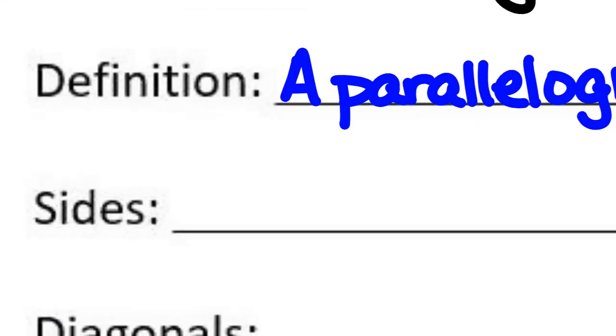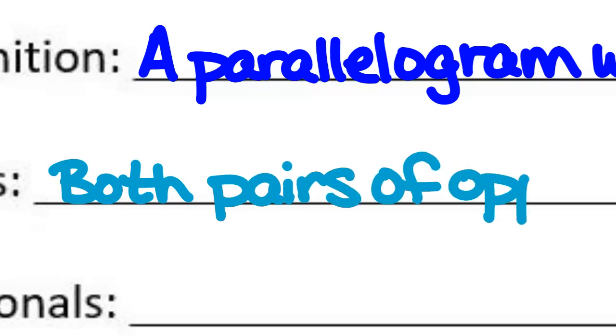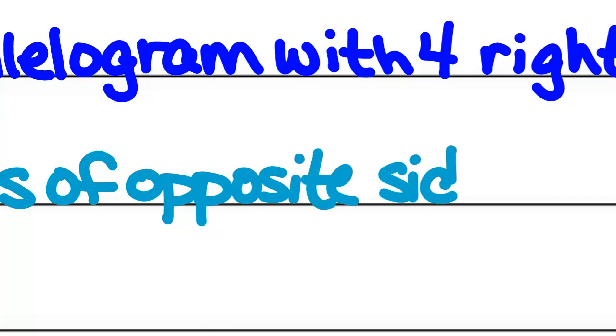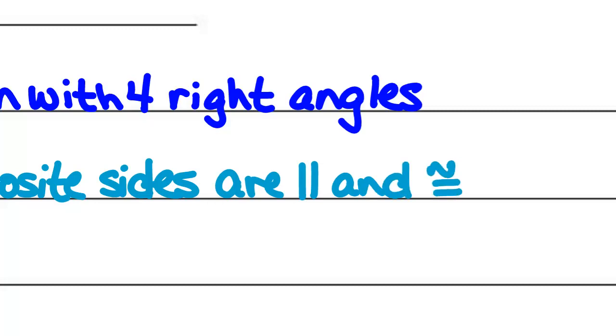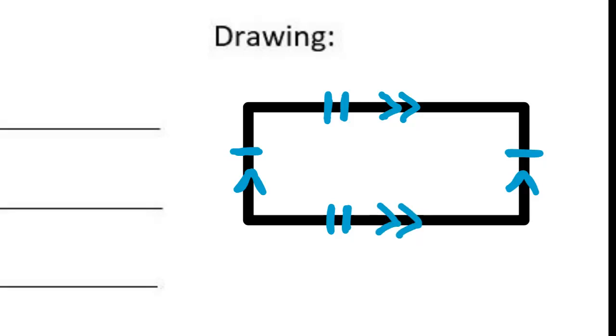Both pairs of opposite sides are parallel and congruent, just like a parallelogram. So I'm going to mark my opposite sides just like I marked them with a parallelogram. Congruent and parallel on the left and the right. And then the top and the bottom are congruent and parallel.